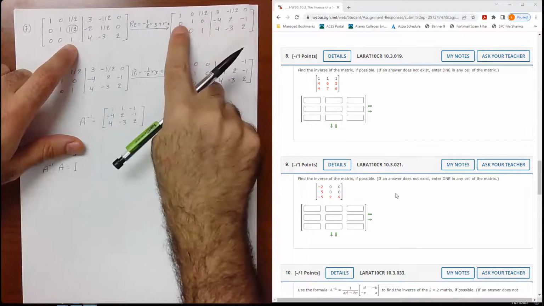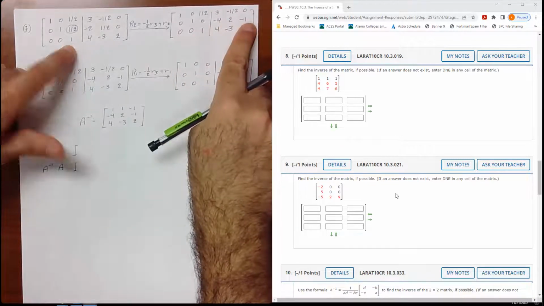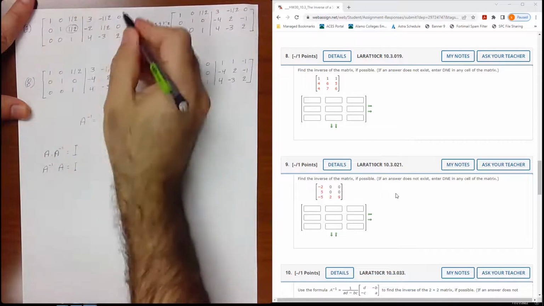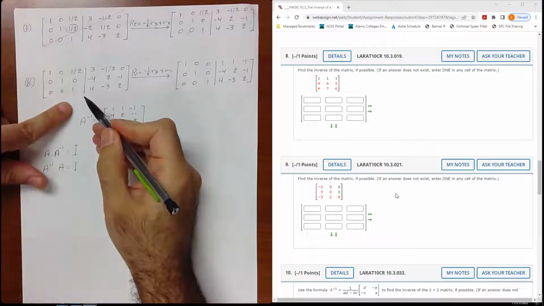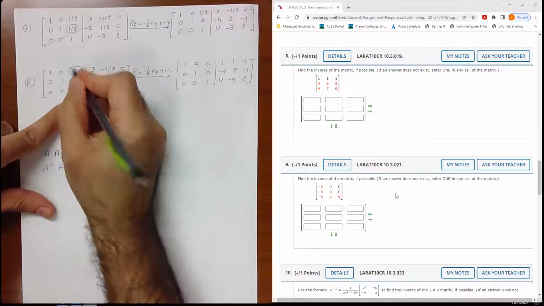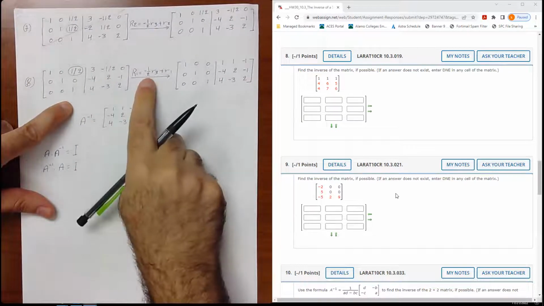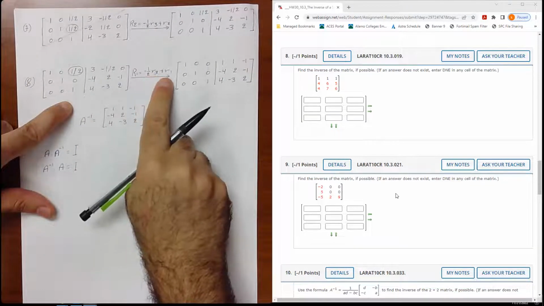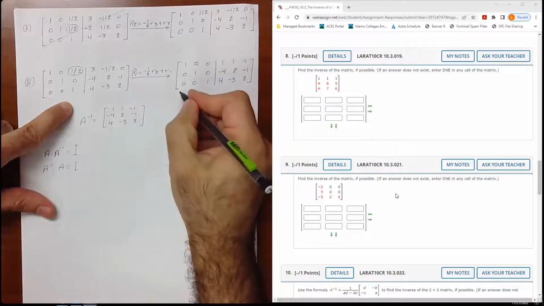We got 0, 1, 0, -4, 2, and -1. That means I'm not going to look at this one anymore. This is my new matrix. Let's keep going. Now, next step, I need to convert this number in this location to 0. So again, I'm going to multiply by -½ R3 plus R1. So we're going to get, here is the identity matrix.